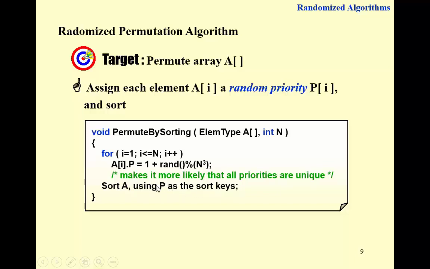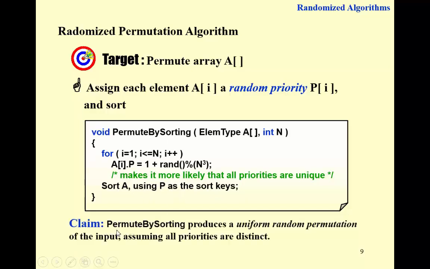So you see, it's not something difficult to design an algorithm, but it's quite hard to prove that it works. It's been proven that this permute by sorting algorithm produces a uniform random permutation of the input, assuming all priorities are distinct. So see why it's important to make it unique here, right?